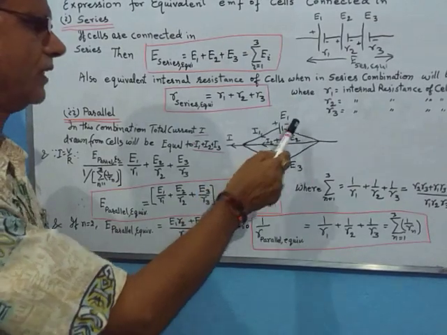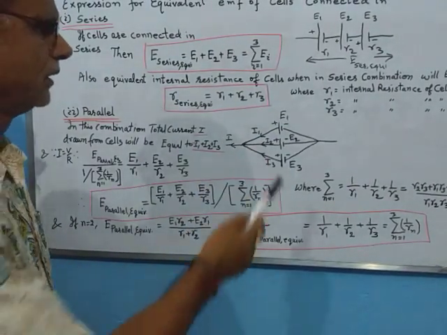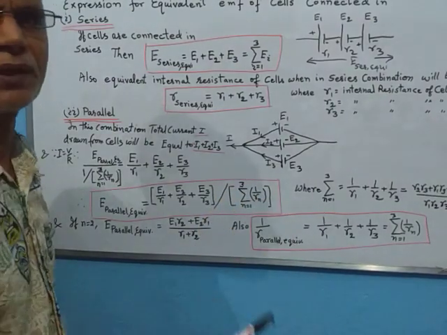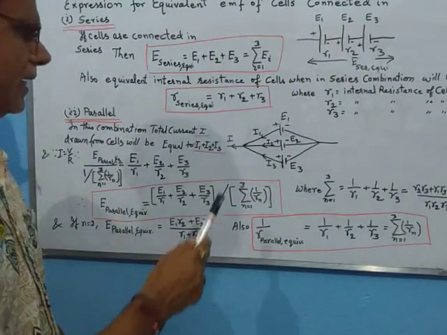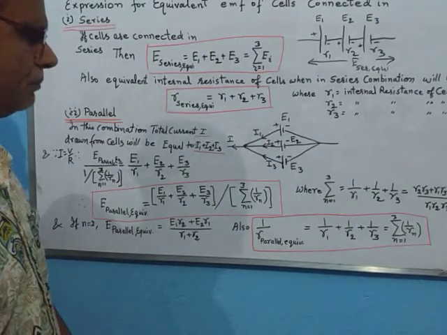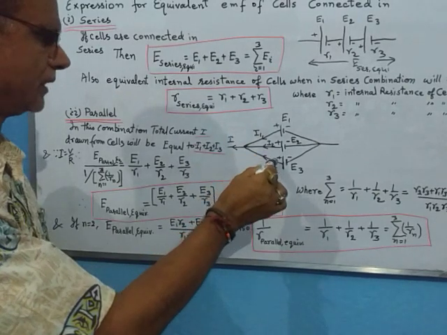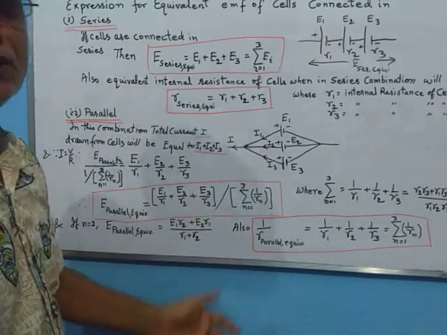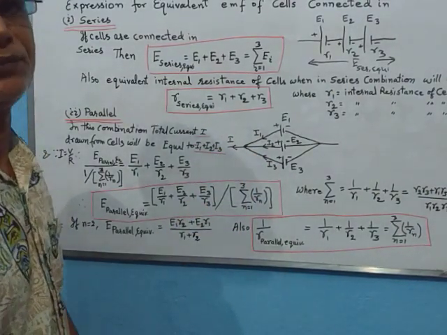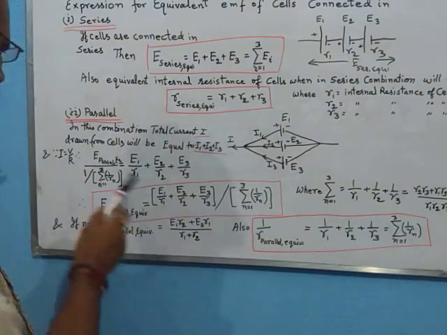That means, say I1 current is drawn from E1 cell, I2 from E2 cell, and I3 from E3 cell. Then the total current drawn from this parallel combination, I, must be equal to I1 plus I2 plus I3. But we also know Ohm's law, that is V is equal to IR, and therefore I is equal to V upon R.